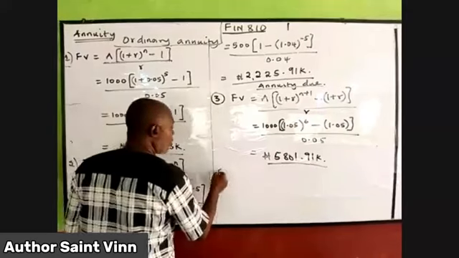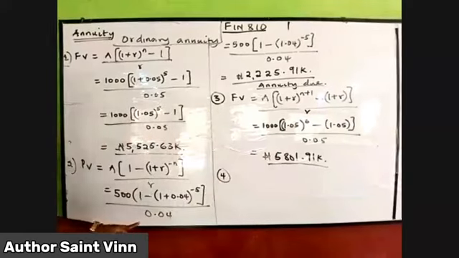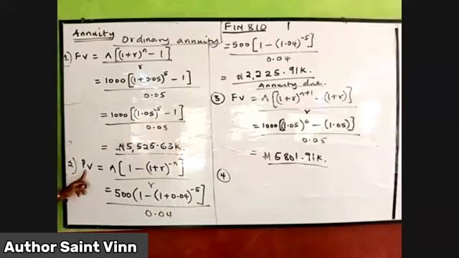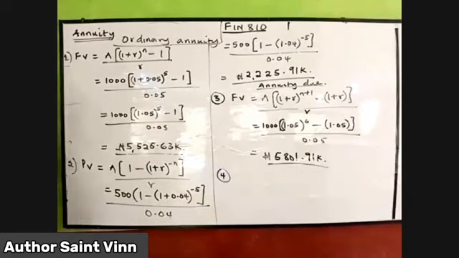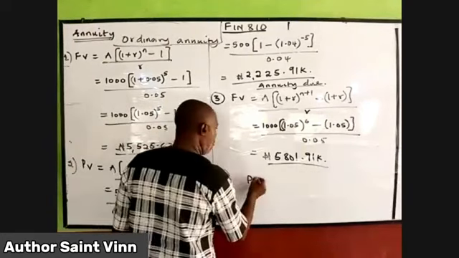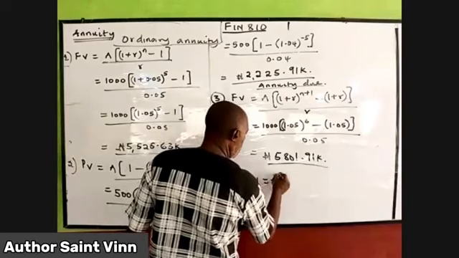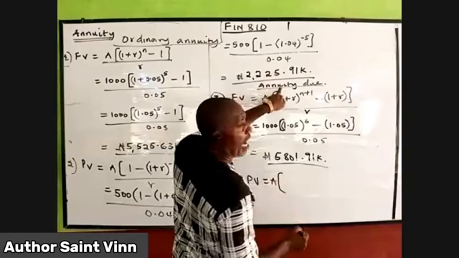This is the present value. We want to get the beginning. What is our formula? Remember, this is an annuity due.